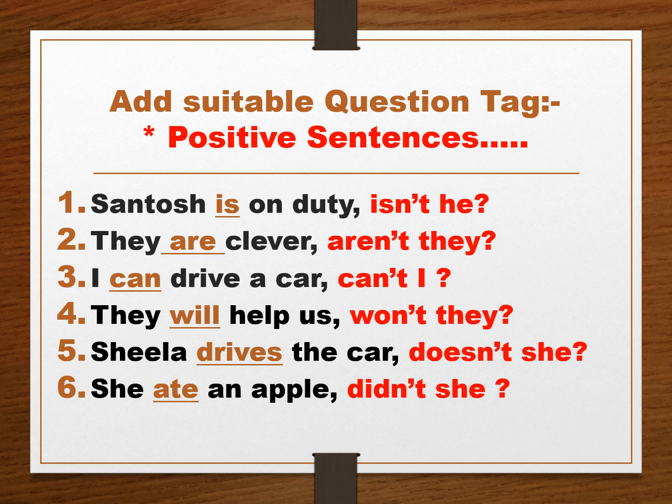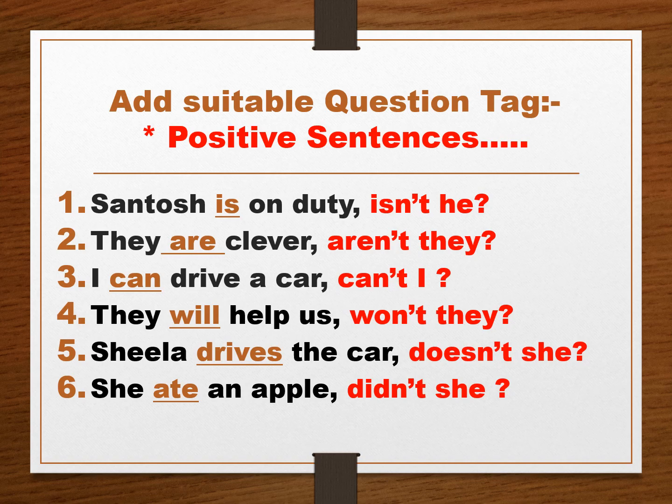So, when it is ate, you'll get the dummy auxiliary for that as did, right? So, did plus eat, it's nothing but ate. Ate can also be told as did plus eat. She ate an apple is the same as she did eat an apple.